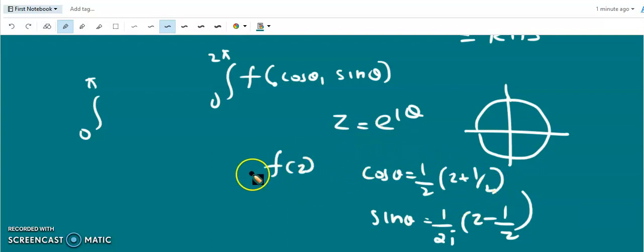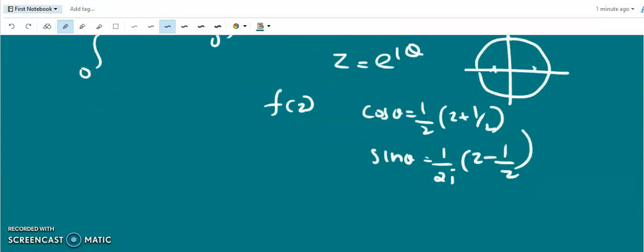And we get a function f of z, and find the poles of this function and mark the poles which are inside a circle of radius 1, inside a unit circle, and find the residues. Then 2 pi i into the sum of these residues gives the integral.